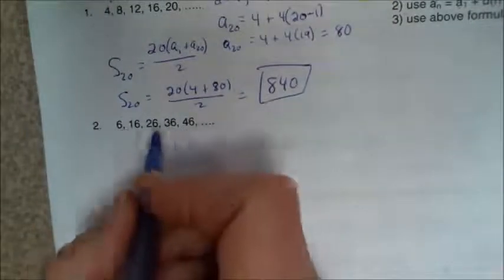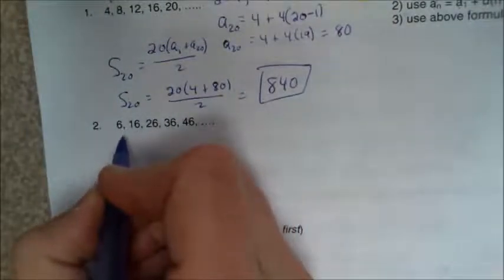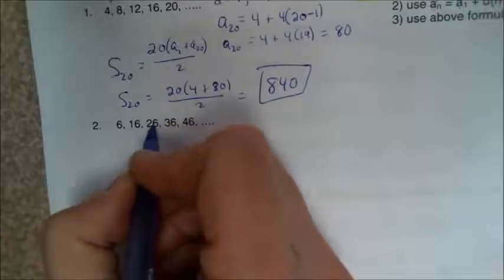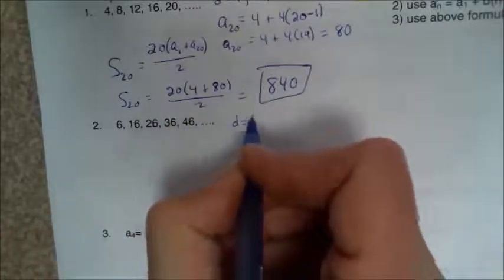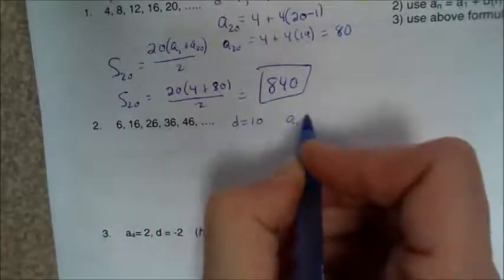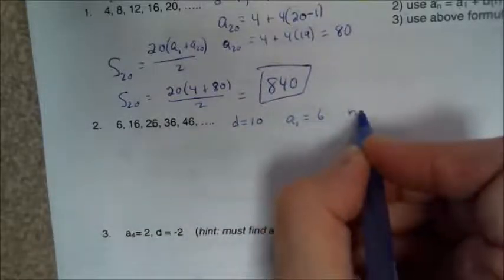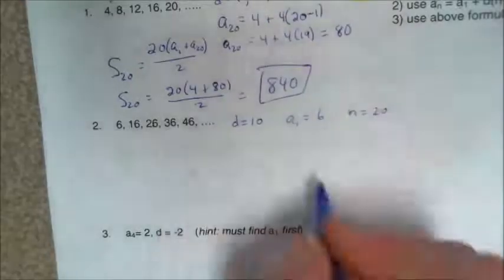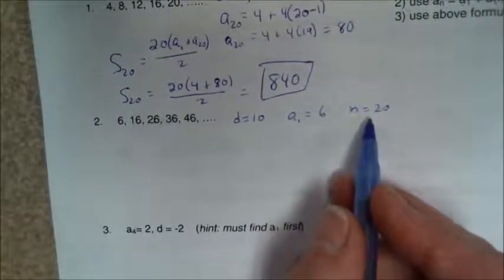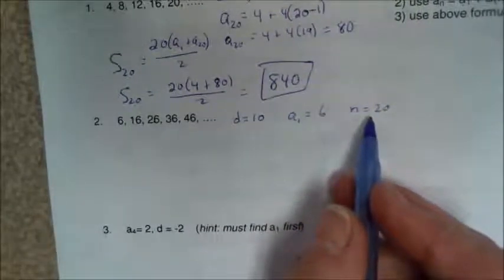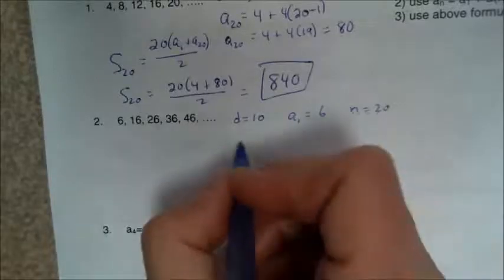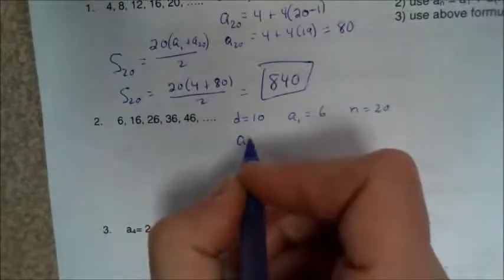All right, here's our second example. We have to go up by 10: plus 10, plus 10, plus 10, so the d value equals 10. The first term is equal to 6, and we are summing the first 20 terms in all of these cases, so n is 20 always. So our first step is done. Our second step says let's find the 20th term.